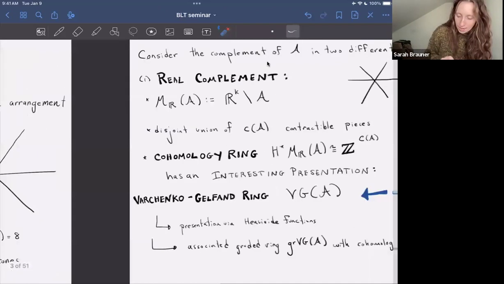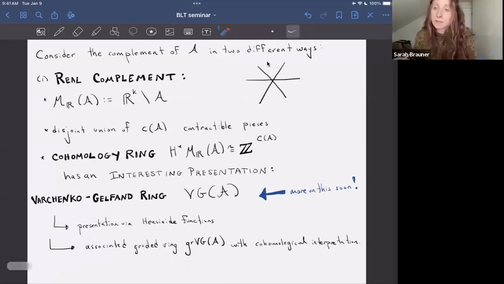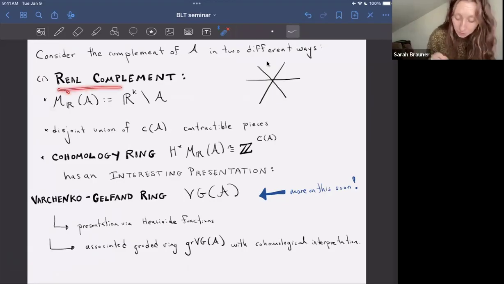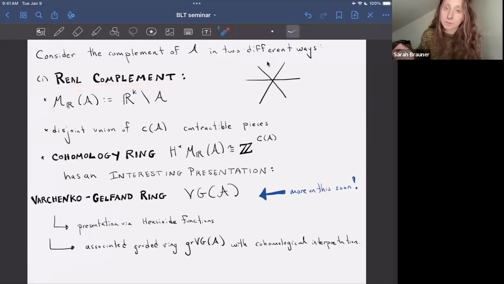We're going to be thinking about the complement of these spaces, and there are two natural ways to think about the complement. The first way is the real complement. These hyperplanes live in real space, R^k, and the real complement is just what you get when you take the hyperplanes and remove them from the space.